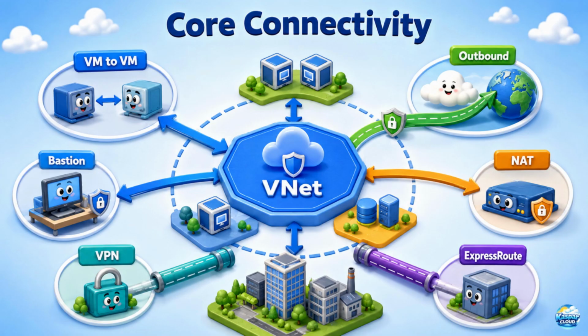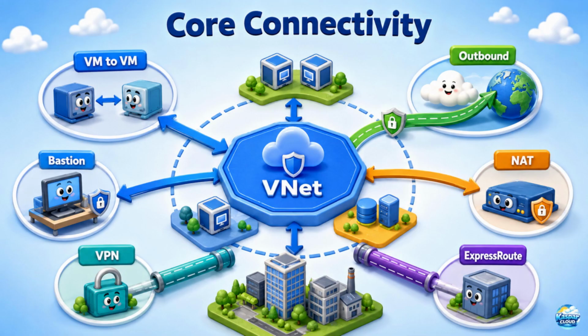Core connectivity inside Azure VNet is about making sure the right resources can reach each other over the right paths with the right level of exposure. Resources inside the same virtual network can usually communicate by default, which allows application tiers to interact efficiently. Outbound internet access can be provided in a controlled way using managed egress patterns such as NAT instead of broad public exposure.